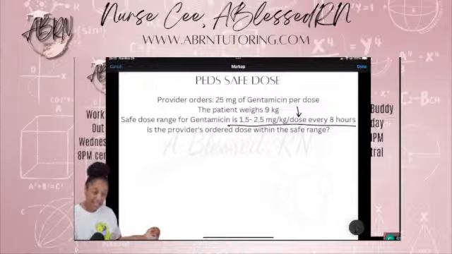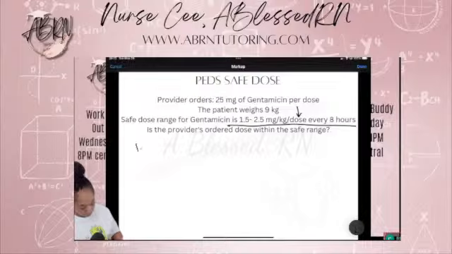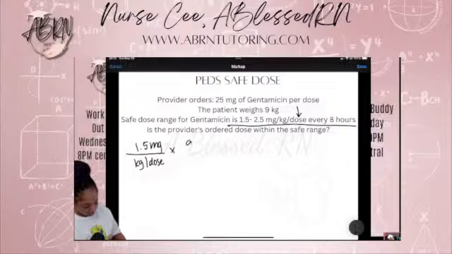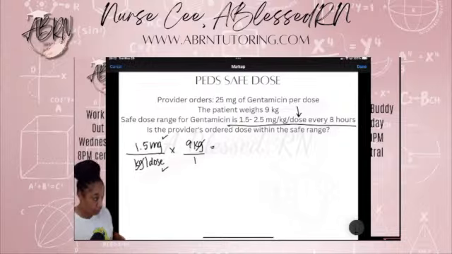You have to pay attention to the wording and what it's asking for. So we are going to do 1.5 milligrams per kilogram per dose. Our patient's weight is already in kilograms, so that's 9 kgs over 1, and kgs cross out. This is going to give you how many milligrams per dose you can give.